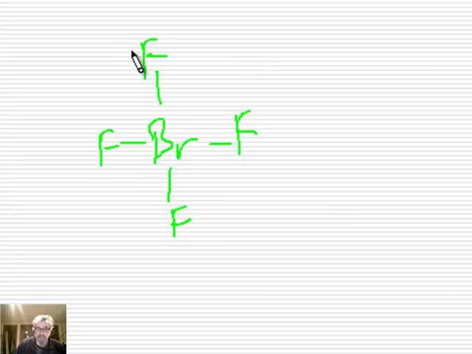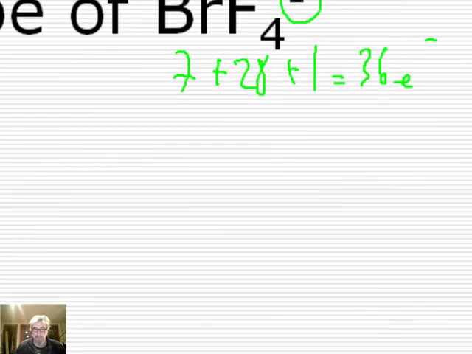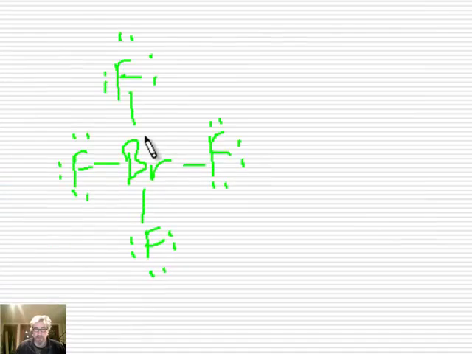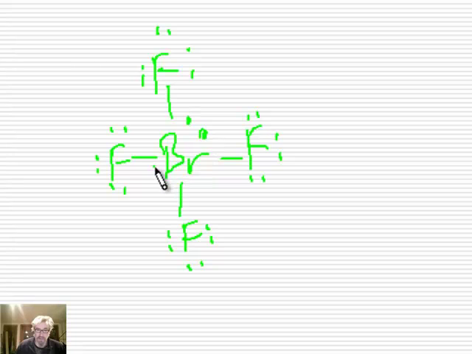Bromine already has a full octet, but the fluorines each need 3 pairs. If I do my count, we've got 2, 4, 6, 12, 18, 24 with the lone pairs, 26, 28, 30, 32, and I still need 4 more electrons because I'm supposed to have 36. So I'll put them on the central atom in pairs.